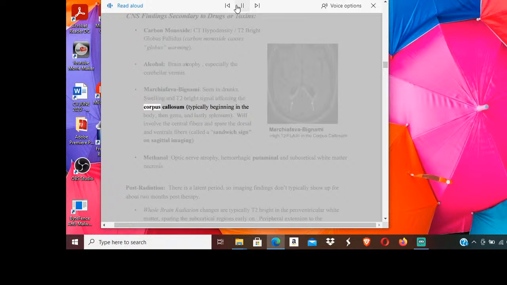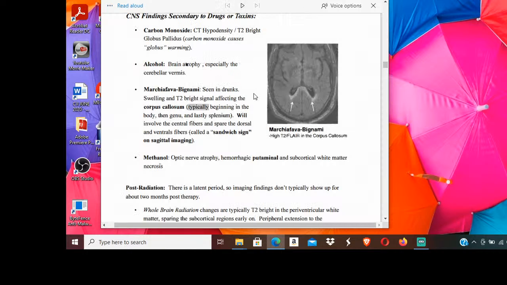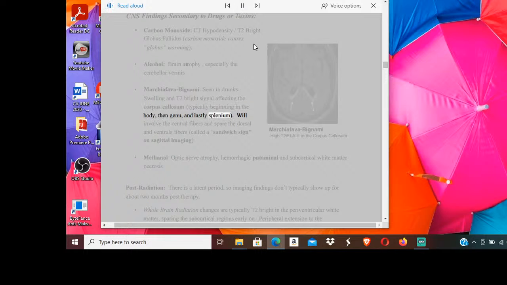Swelling and T2 bright signal affecting the corpus callosum, typically beginning in the body, then genu, and lastly splenium. Will involve the central fibers and spare the dorsal and ventral fibers, called a sandwich sign, on sagittal imaging. Marchiafava-Bignami, high T2/FLAIR in the corpus callosum.